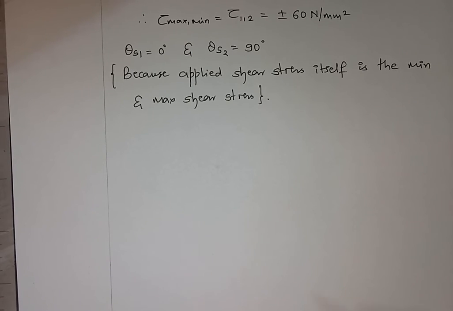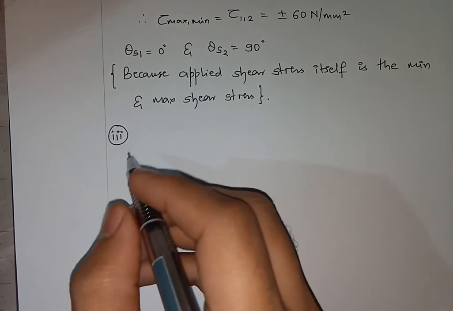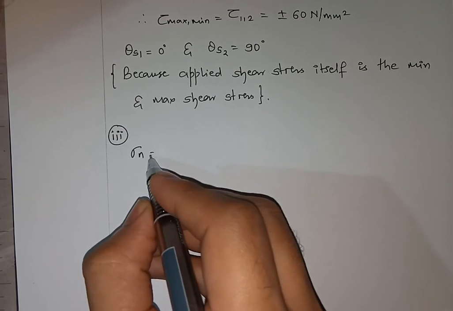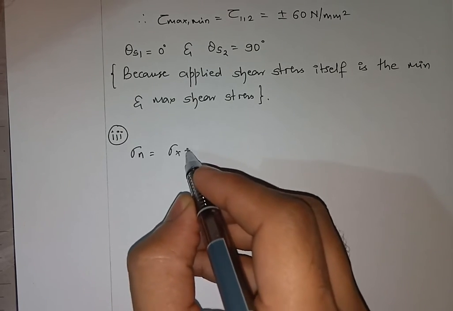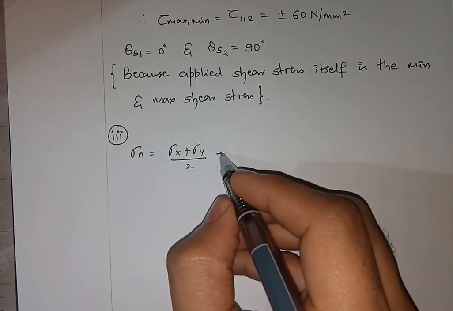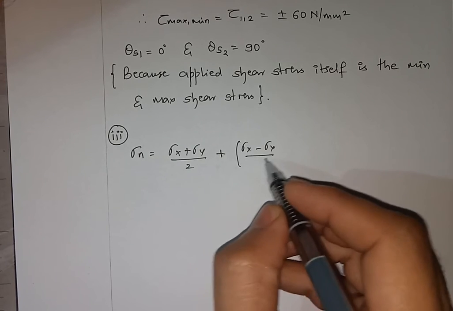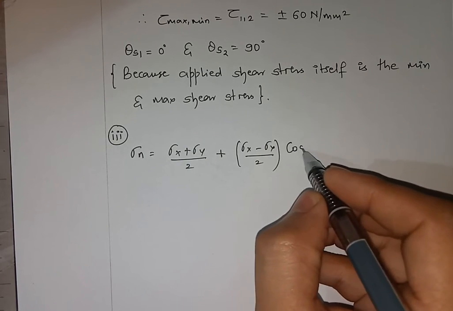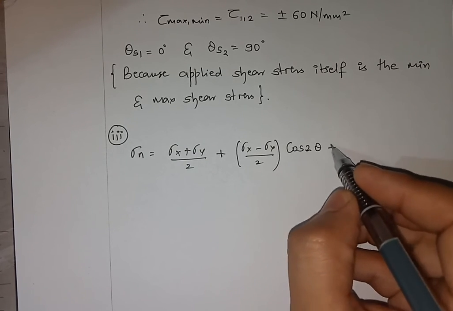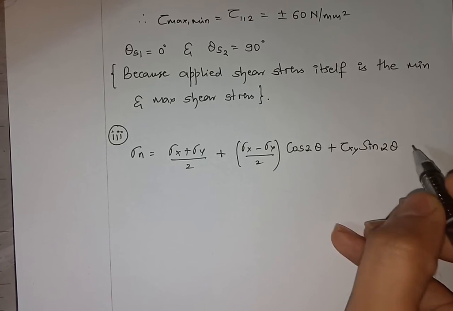So now we will be going to bit number 3, where I will be calculating the stresses on the oblique plane. So we know that normal stress is given by sigma x plus sigma y divided by 2 plus (sigma x minus sigma y) divided by 2 cos of 2 theta plus tau xy sine of 2 theta, right?